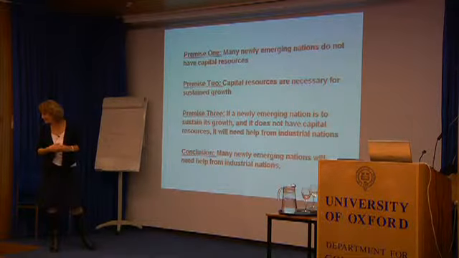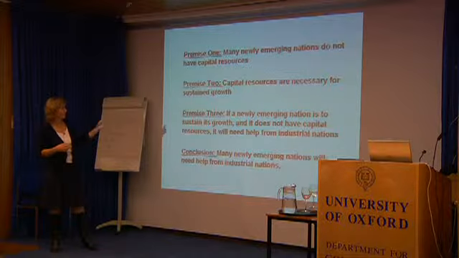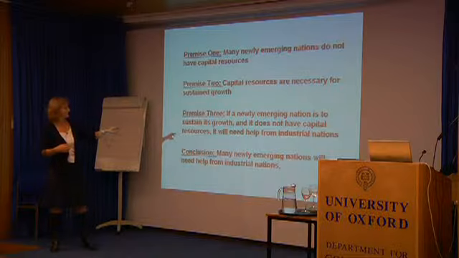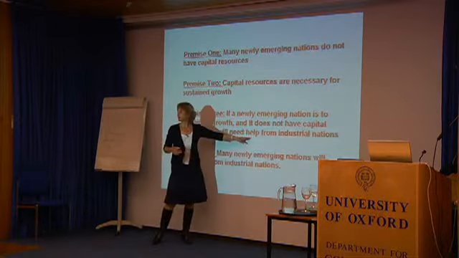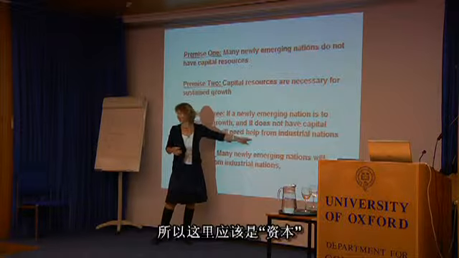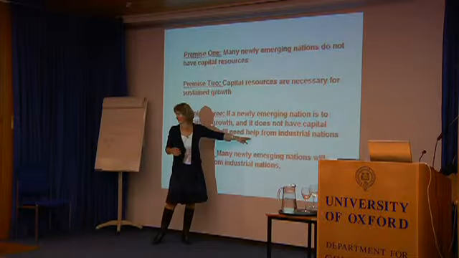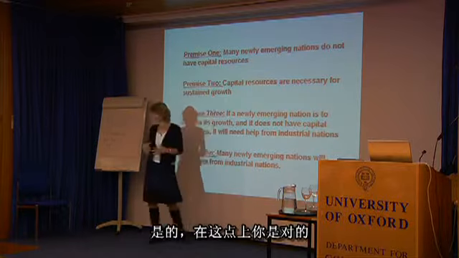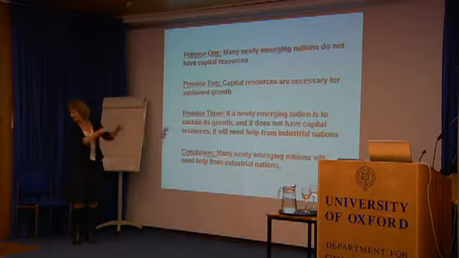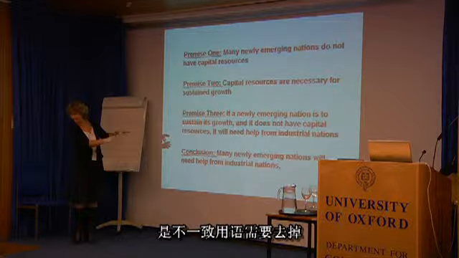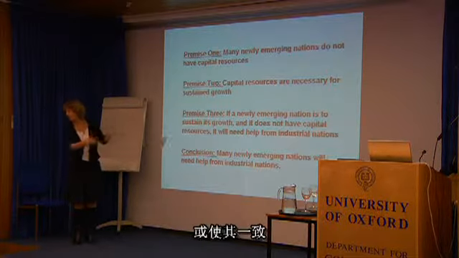The third premise should have been that the industrial nation has spare capital resources. Otherwise, they wouldn't be able to help the other ones. So that should be capital resources. Yes, you were right about that, but I hope I was right that it wasn't a suppressed premise. It's a matter of an inconsistent term needing to be made consistent.